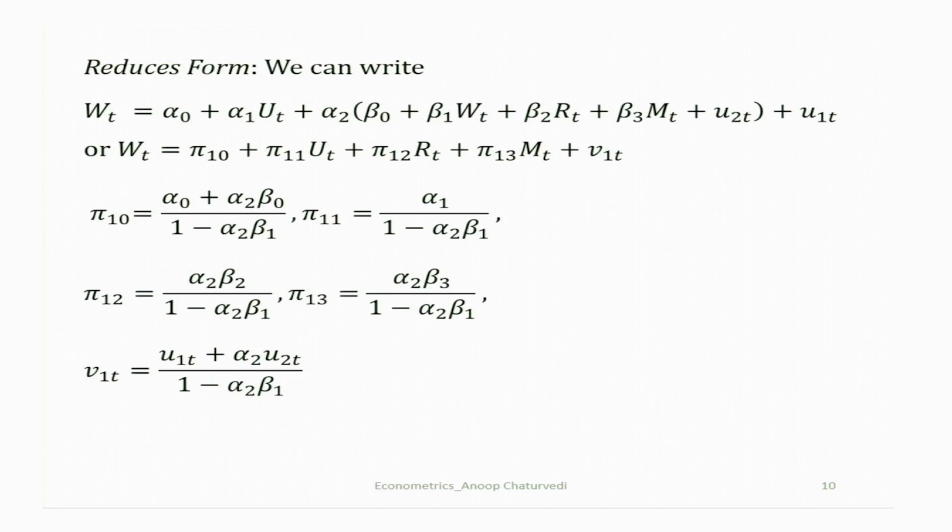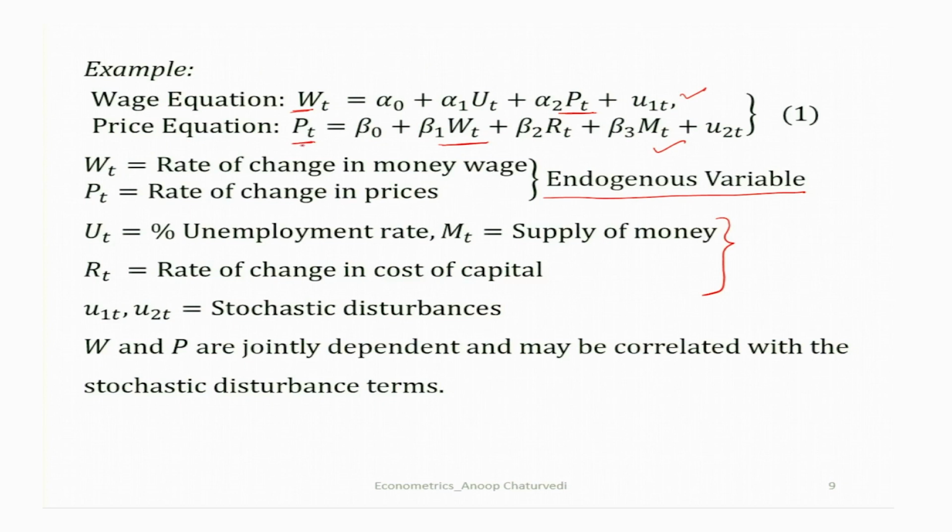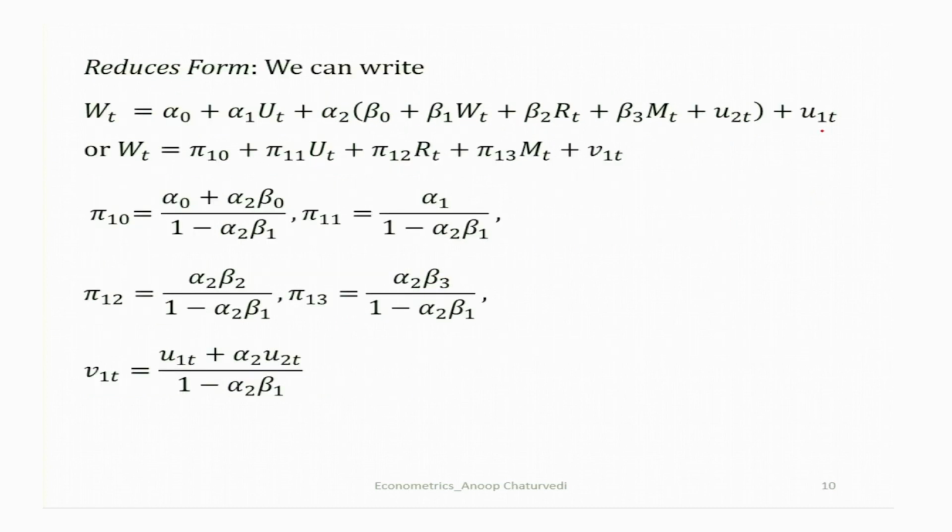Now, we try to find out the reduced form of this equation. To obtain the reduced form, in the first equation, say W t equal to alpha naught plus alpha 1 u t plus alpha 2 P t, we replace P t by the value of P t given in second equation, P t equal to beta naught plus beta 1 W t plus beta 2 R t plus beta 3 M t plus U 2 t, plus U 1 t, and then we take this term towards the left hand side.